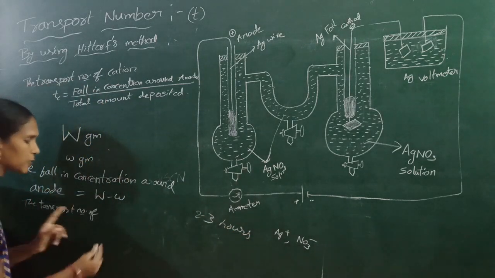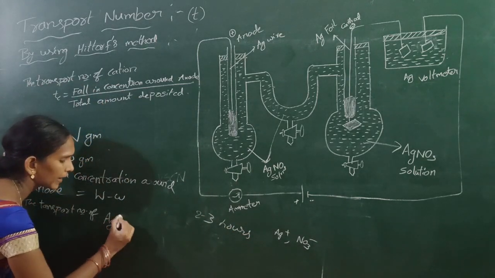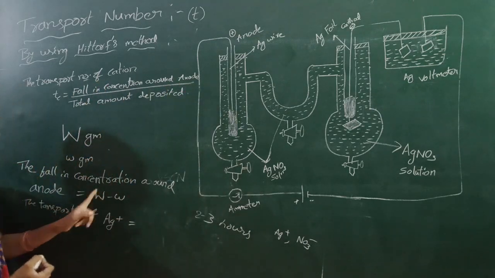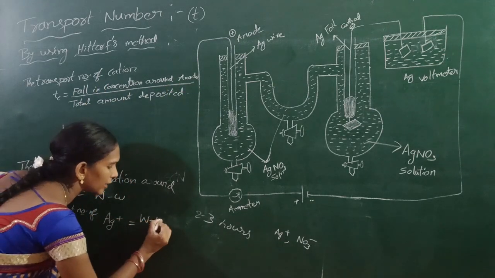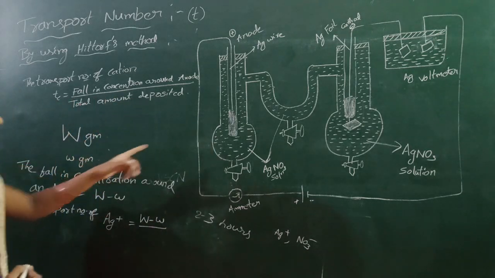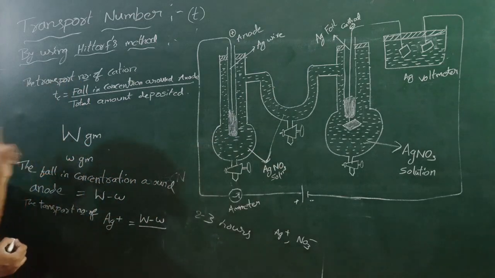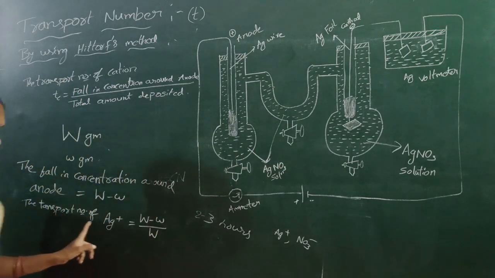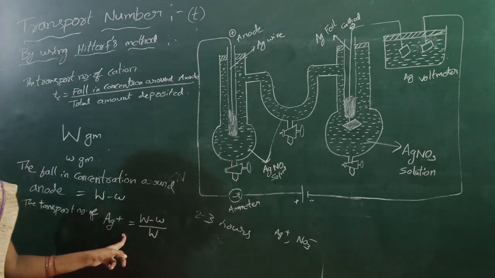So the transport number of Ag plus is equal to the fall in concentration around the anode, that means capital W minus small w, divided by the total amount deposited. Total amount deposited means capital W. This is the transport number of silver.